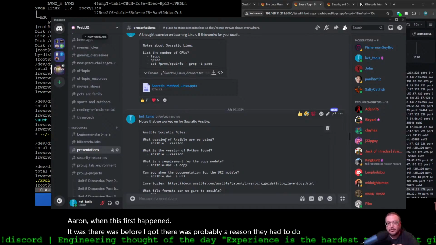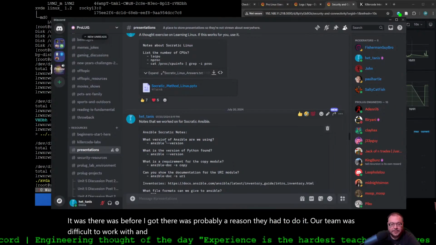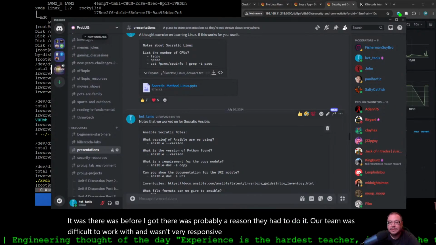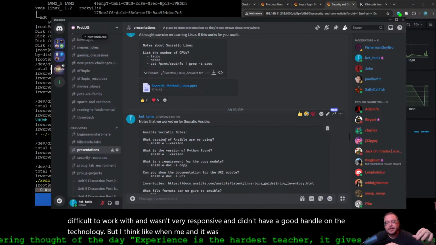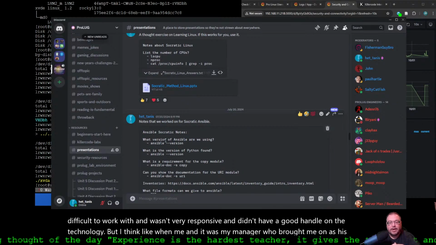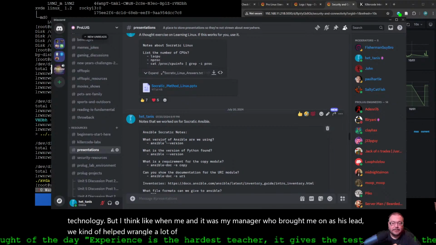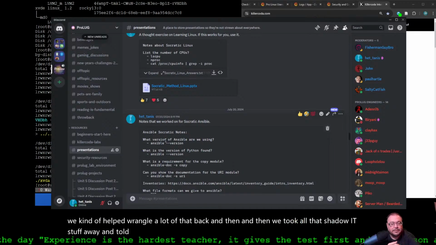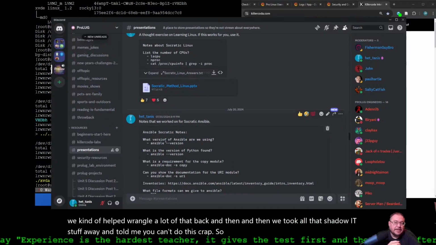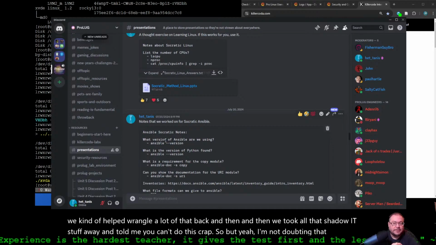Our team was difficult to work with, wasn't very responsive, and didn't have a good handle on the technology. But when my manager brought me on as his lead, we helped wrangle a lot of that back. Then we took all that shadow IT stuff away and told them you can't do this. But I'm not doubting that there's a lot of WordPress.